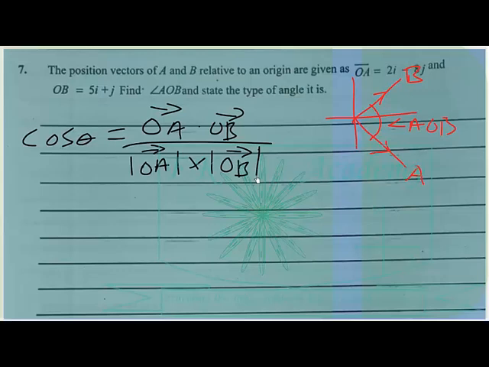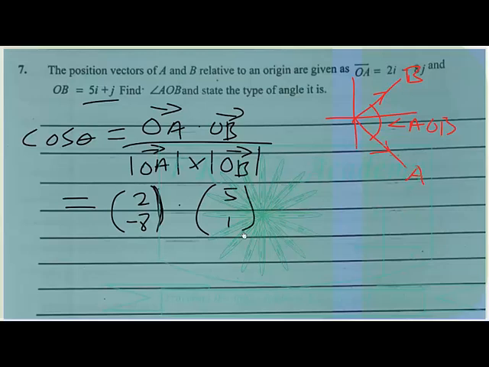So OA dot OB is the same as OA, which is 2i minus 8j, so 2, negative 8, dot, then OB is 5, 1.